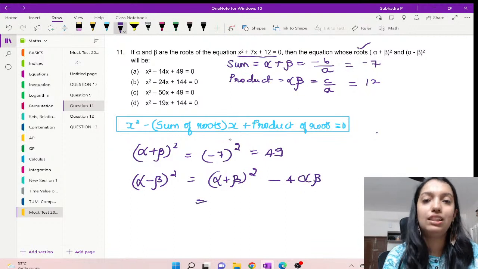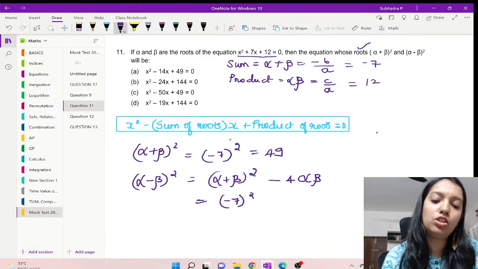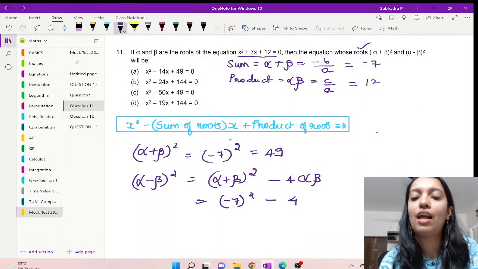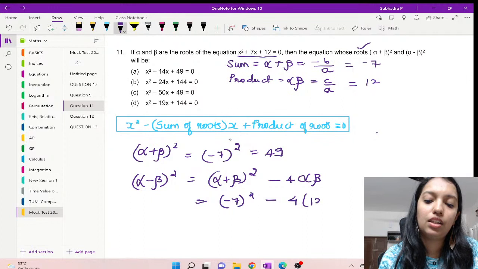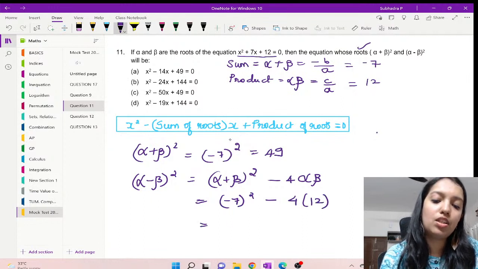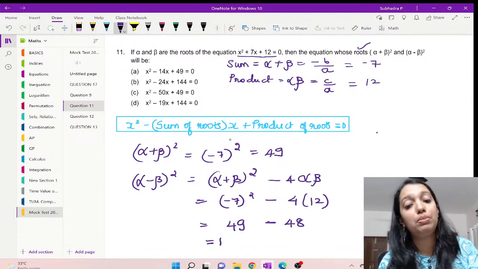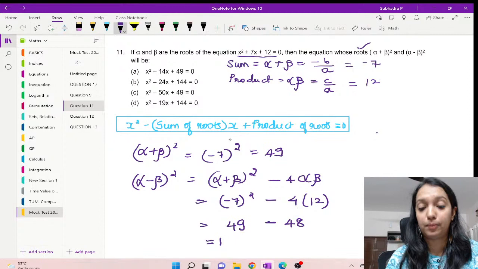We already solved such problems in the classroom. So this will be minus 7 whole square minus 4 into the value of alpha beta, which is 12. So this will be 7 square 49 minus 4 12s are 48. So alpha minus beta whole square is equal to 1.